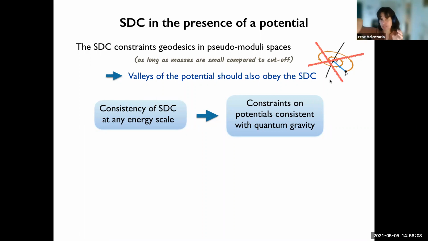This spiral, if it can be parametrically large, would be violating the distance conjecture. If you can make this spiral as large as you want. So the distance conjecture itself is not just constraining the field metric, but it's also constraining the scalar potentials in quantum gravity. That's the idea.